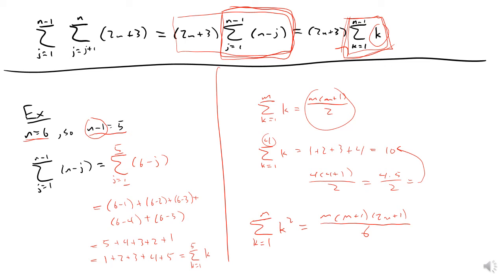And in fact, I'll just write it right up here. At the very end of this section, they even generalize this more. They say that if you're doing the sum from k equals 1 to m of k to the pth power, this is equal to m to the p plus 1 over p plus 1 plus order m to the p.